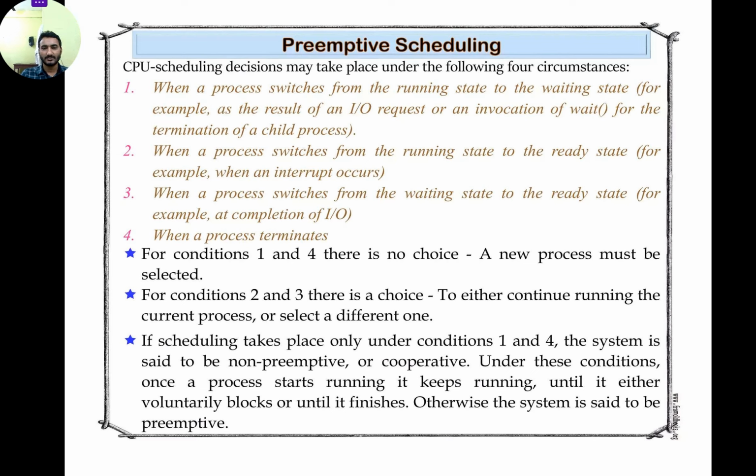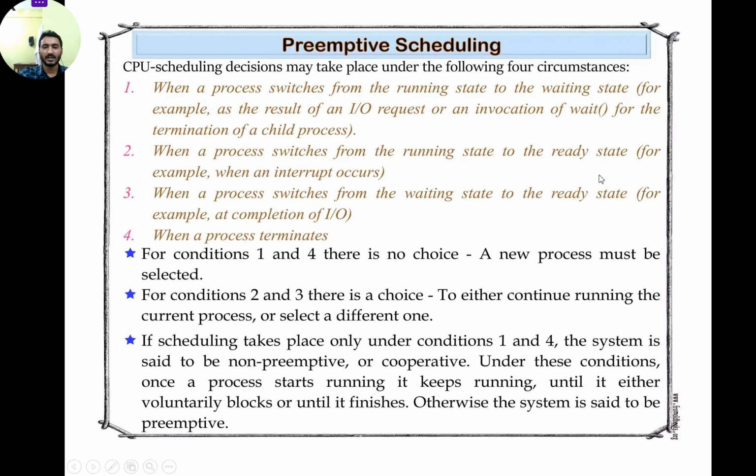So basically, I am trying to say that in a non-preemptive process, when a process comes to the CPU, it will execute till its completion, and after termination another process, or the next process, can come. But in a preemptive process, we can use more than one process.